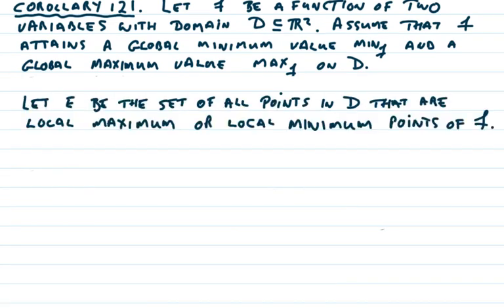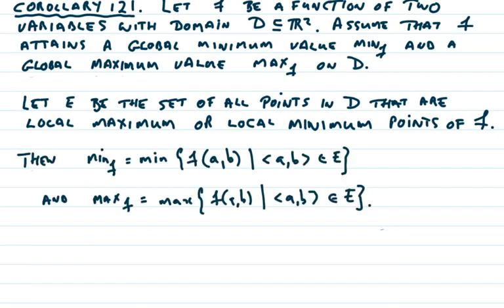Further, let E be the set consisting of all the points in D that are either local maximum or local minimum points of f. Then the global minimum of f is the smallest of all the function values of f at each of its local maximum or local minimum points. And the global maximum of f is the greatest of all the function values of f at each of its local minimum or local maximum points.